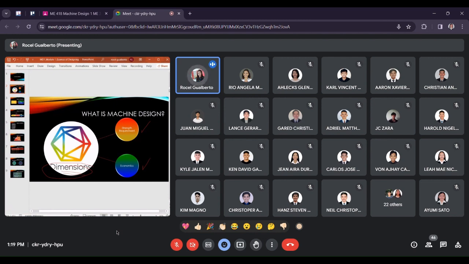Now, another thing is, aside from mahahandle niya yung mga loads na iyon, ano pa po yung idadagdag natin? When we design, we provide po allowances, tolerances. This is to incorporate po safety. Kumbaga, may factor of safety po tayo na ilalagay. Kung katulad sa damit, pag naglalagay tayo ng allowances, para po saan yan? That is to allow for yung expansion.